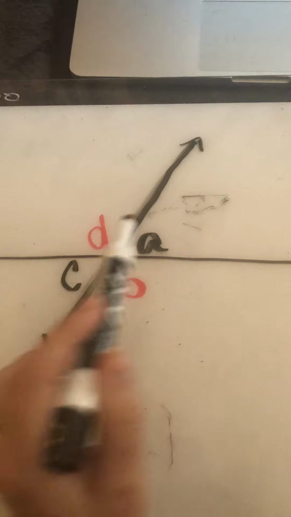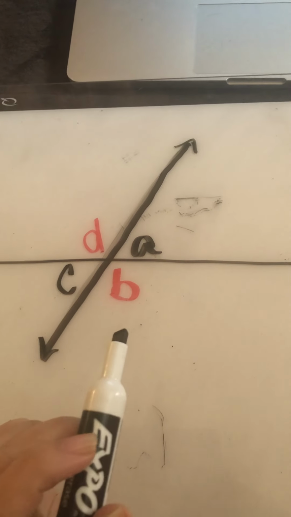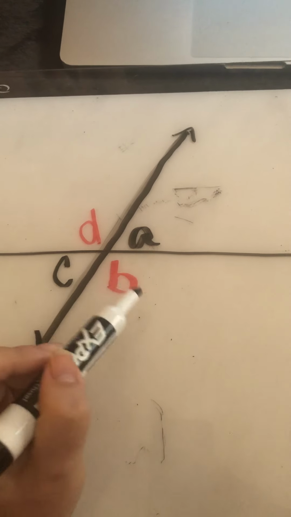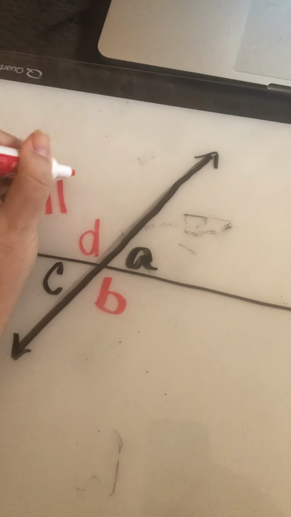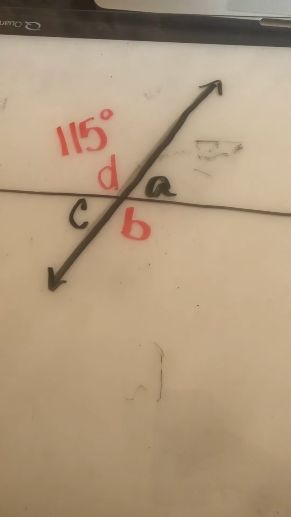So I color-coded them too. A and C would be vertical, and then B and D would be vertical to each other. Now, since they are vertical, they also are equal in measure. So if I made angle D, let's say 115 degrees, right? What other angle would be 115 degrees?